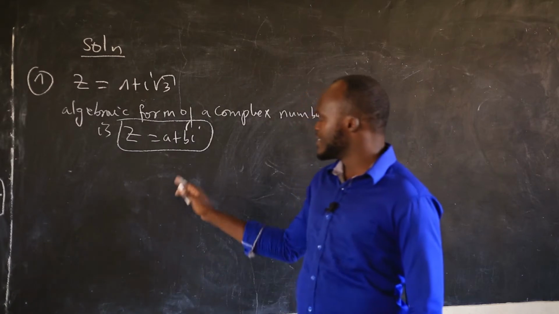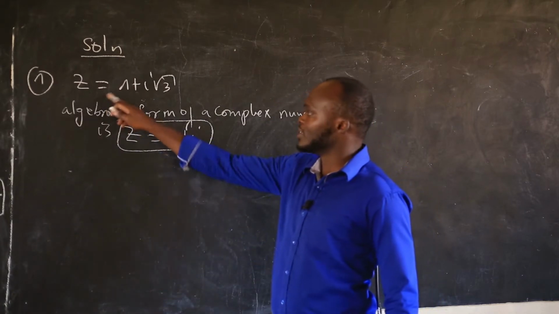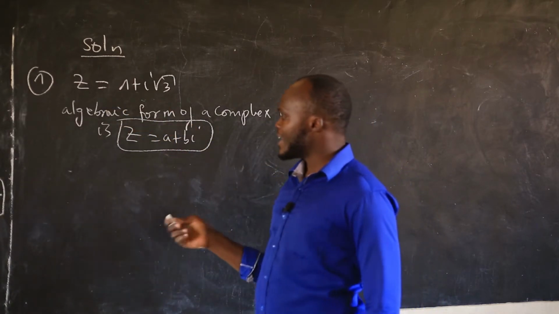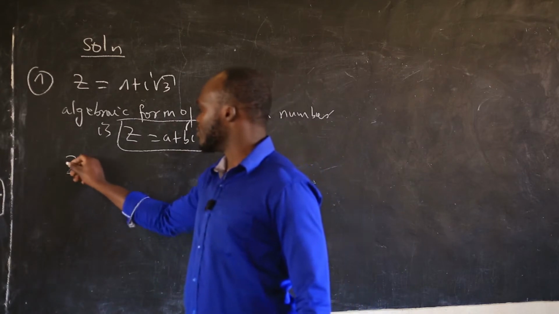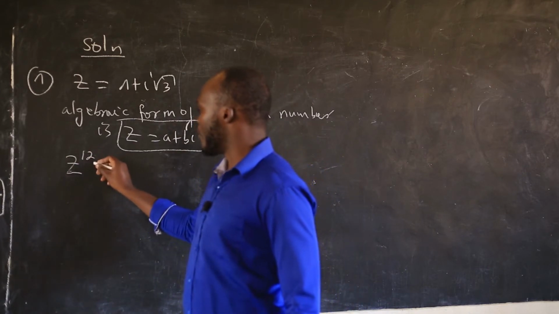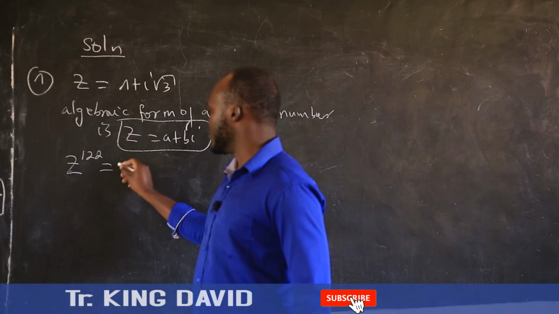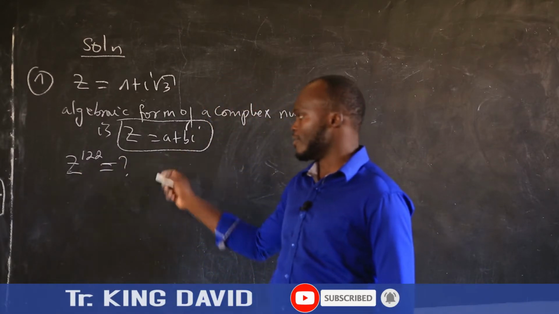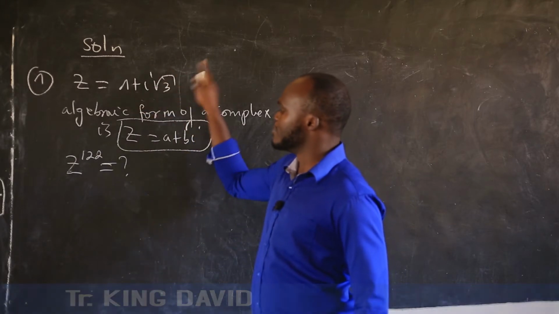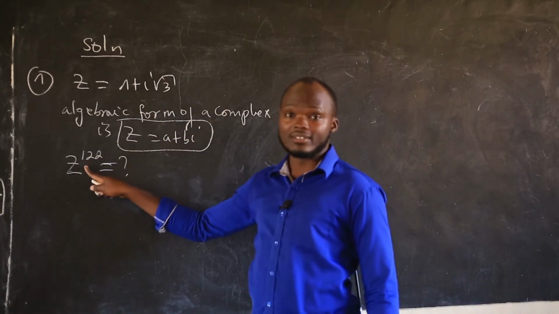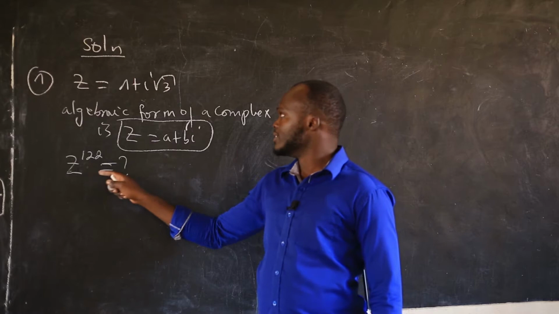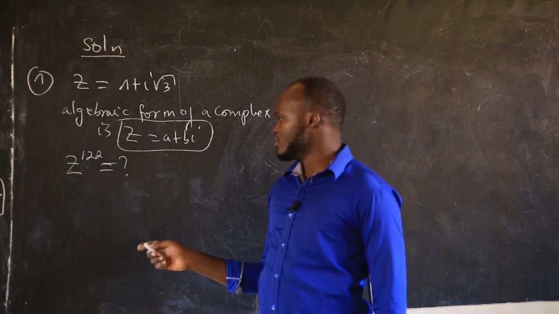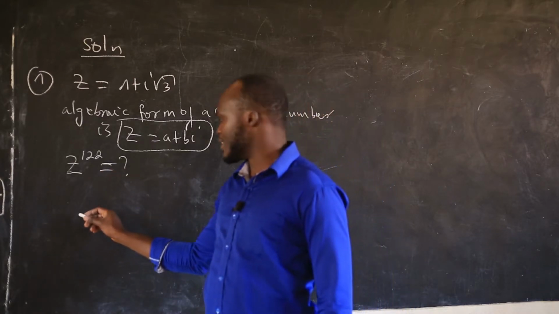So z right there is in algebraic form, but they're asking us for z power 122 in algebraic form. So how can we express this in this form? Are we going to take this and multiply with power 122? Remember what we do, we use the polar form of a complex number.